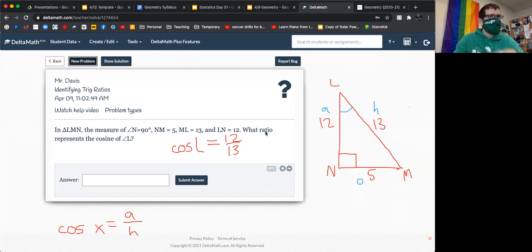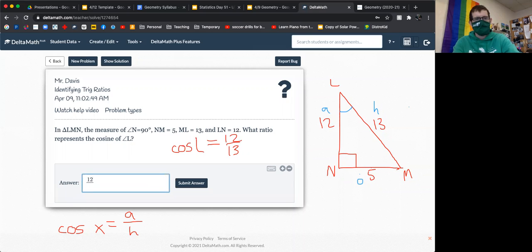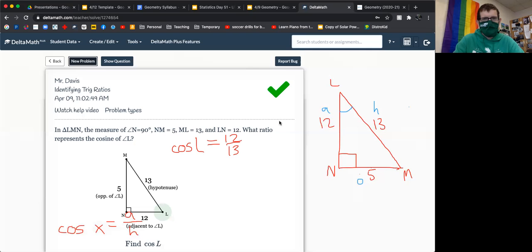Primarily, we're going to be dealing with decimals moving forward, but a ratio isn't a bad thing here. So 12 divided by 13. I just did the slash. On your iPad, they have a little calculator interface at the bottom. You just hit division and it should bring that line up. So you can submit that. And we got it right.